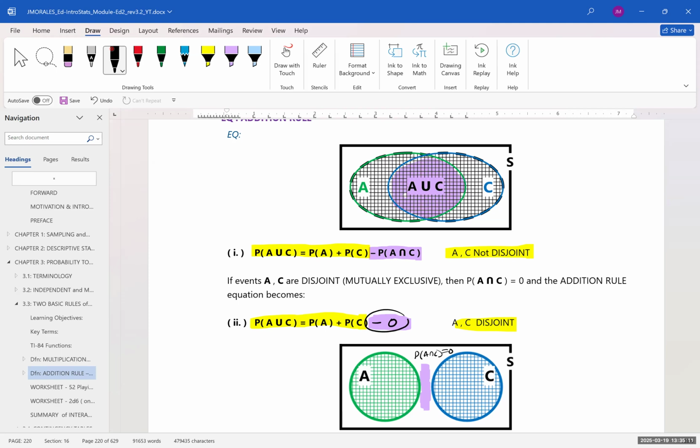So that's why this term up here is missing down here, because the events are disjoint. There's no intersection. So there's nothing to add or subtract in. So you could just always use this equation. And when you go to look at the intersection it will be 0, and that'll just cancel out right away. Okay. So something to think about.